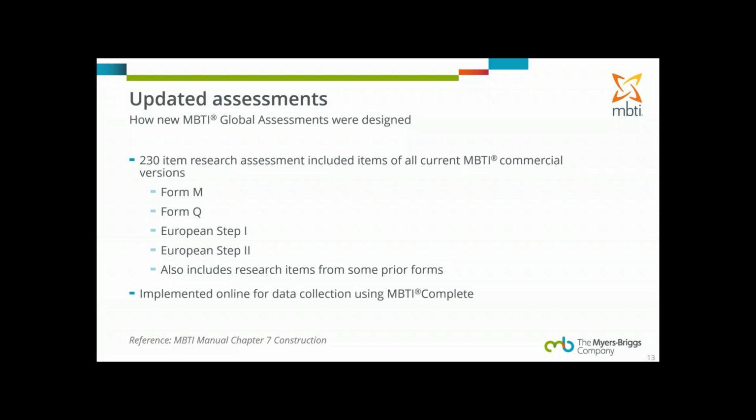For the large representative samples, we implemented the data collection using a customized version of MBTI Complete. So we were able to get people to fill out the assessment and get their best fit type as well. For the other samples, we used a different version where we didn't get best fit type. So best fit type was really obtained mostly from the US, UK, Canada, and Australia.